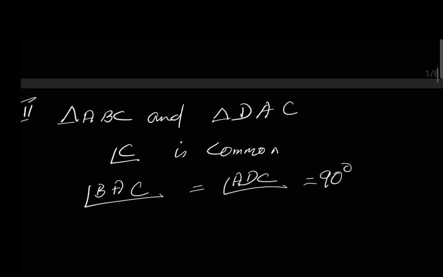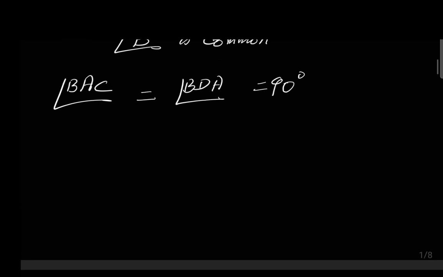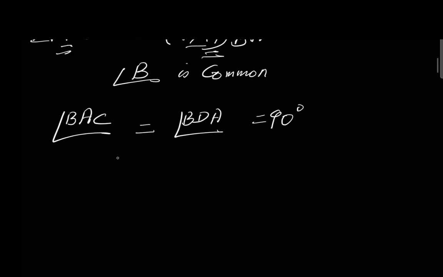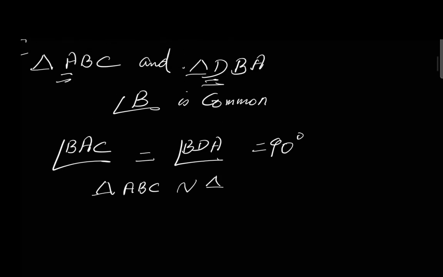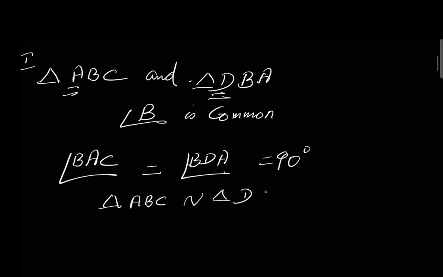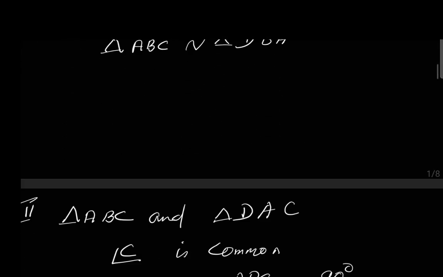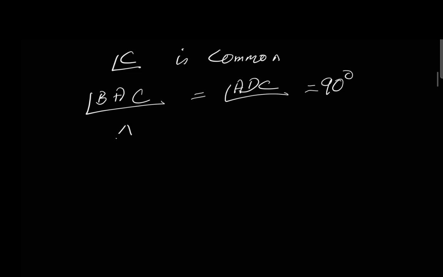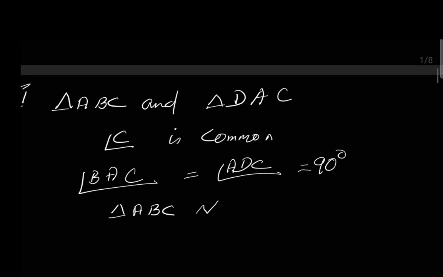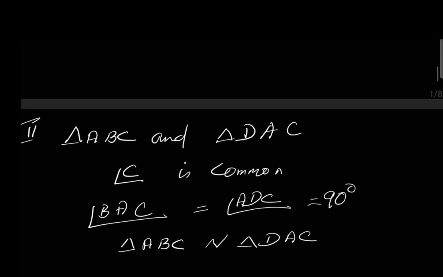The corresponding angles are equal, so these triangles are similar. Triangle ABC is similar to triangle DBA, and triangle ABC is similar to triangle DAC.